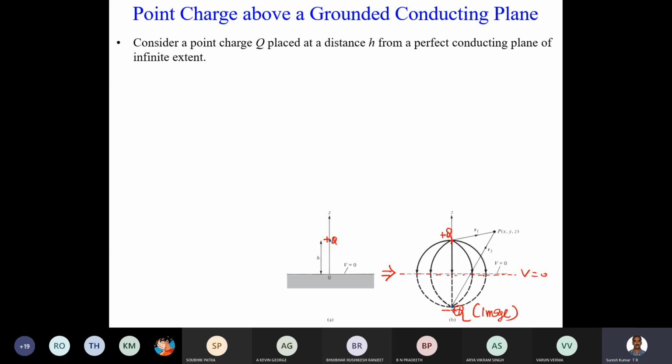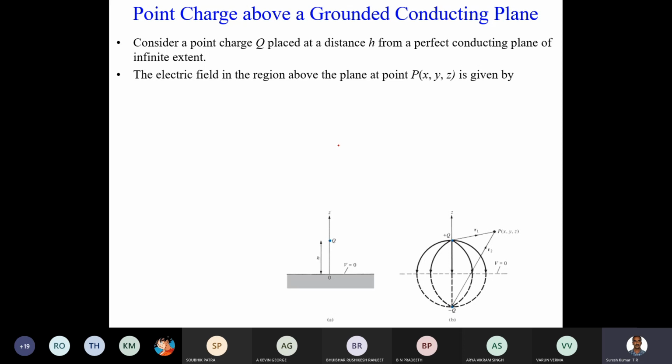Now let us solve the problem. So plus q and minus q are at equal heights above and below this reference plane. Now let us first calculate the electric field. Assume this observation point P, where P equals x, y, z. At this point we want to calculate the total electric field.